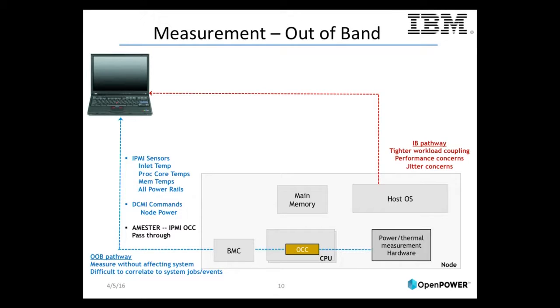So the only entities that need to understand this complicated set of instructions are Aimster, which would be running here on your laptop, and the OCC itself. The BMC is just a pass-through here. So a command could come down through that BMC to the OCC and say, measure something in some fine-grained detail. Store that then in OCC's SRAM, and then grab it out for analysis.